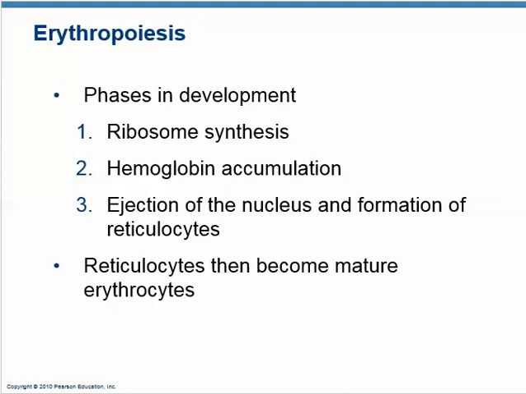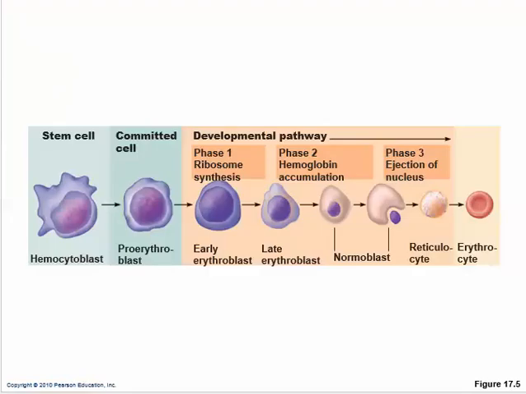So the original stem cell, the hemocytoblast, is really a nucleus that has all kinds of genetic information, and it has the potential to become other things. The cytoplasm is basically for support and nourishment of the nucleus.